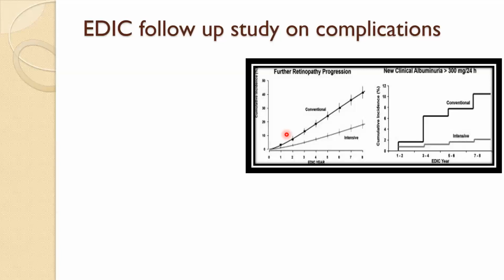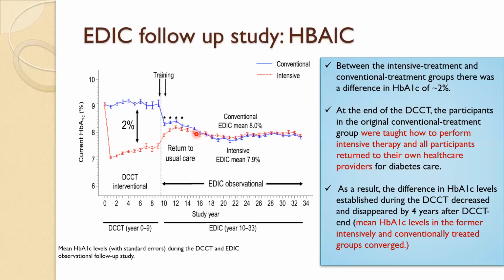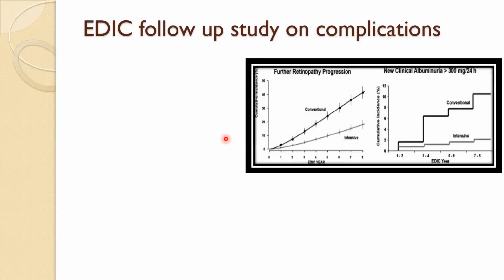But this study also looked at the progression of microvascular complications, because they imagined that since the HbA1c in the conventional group had come down, it follows without any doubt that the microvascular complications would also come down. But let's look at what happened. That's not exactly what happened.